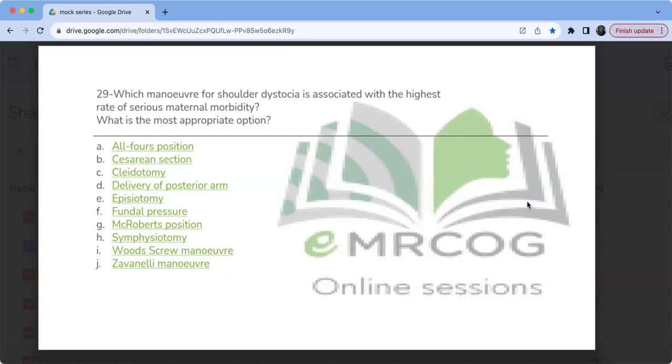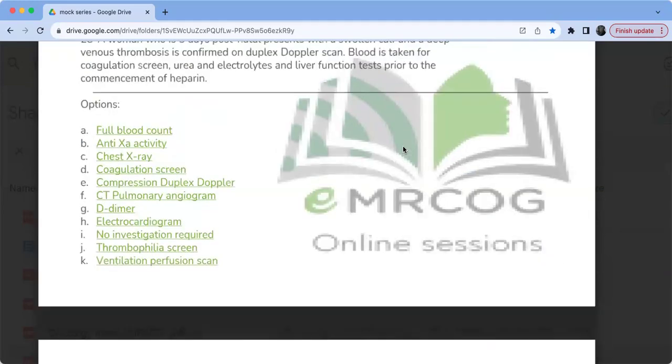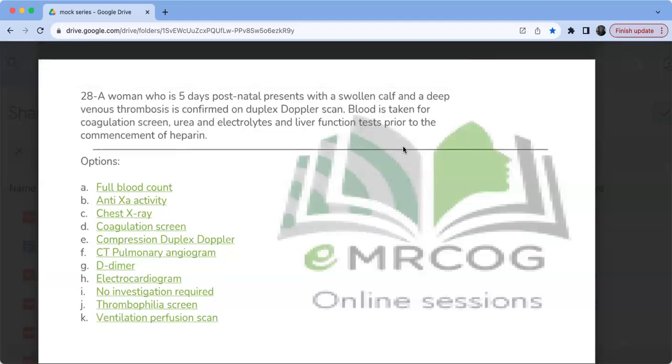Low molecular weight heparin comes before the investigation in cases of pulmonary embolism. For suspected VTE, and in the leg, like a DVT, the guideline says that you start low molecular weight heparin on suspicion, right? This is what the guidelines say.